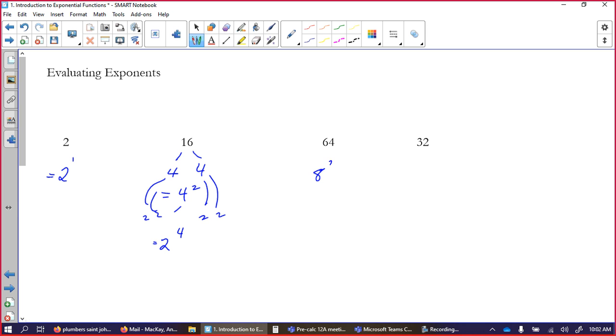64 is 8 squared, which is 2 times 4, and then another 2, and another 4.